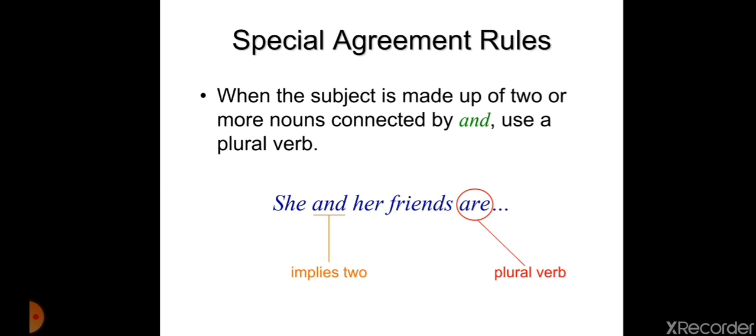She and her friends are. Here she is a subject which is singular, and another subject, her friends, which is plural. So connected by and usually becomes plural. If two singular nouns are connected by and, they also become plural. Here singular and plural, so generally a plural verb, are.